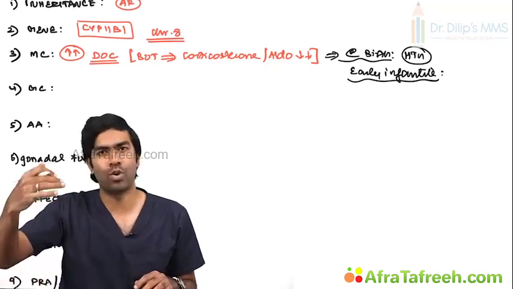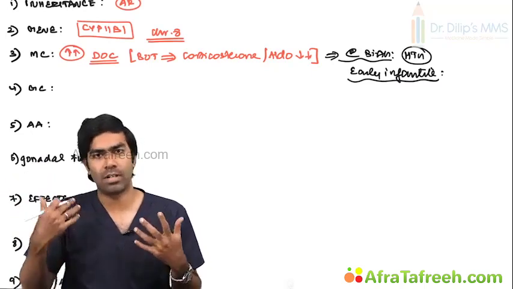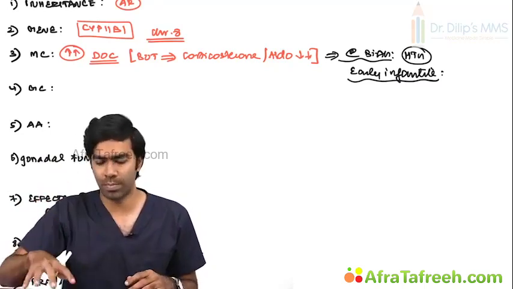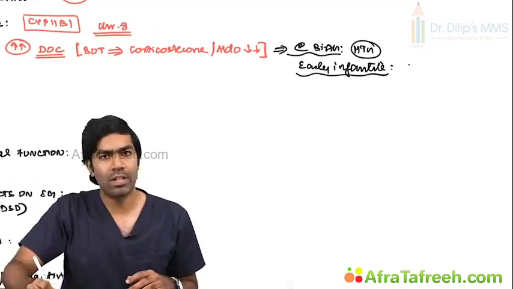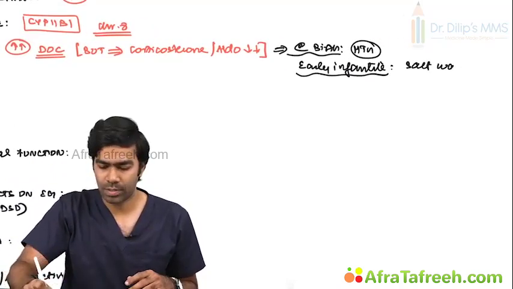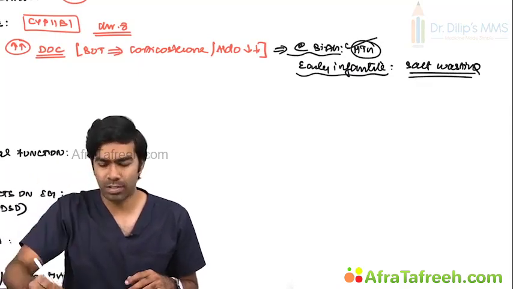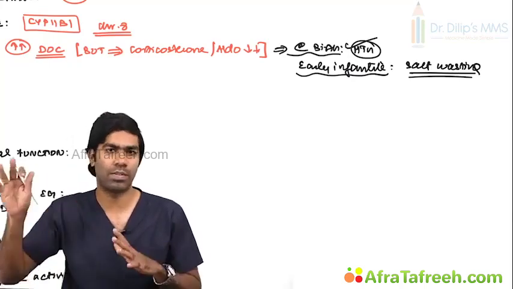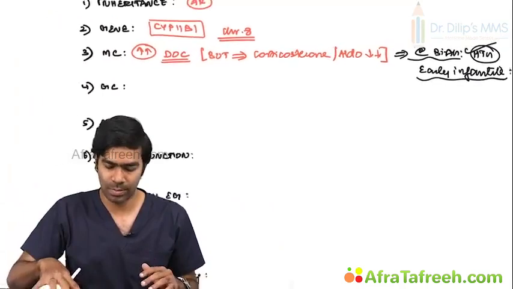So as the infant grows over time, this deoxycorticosterone alone will not be enough and they will be going for salt wasting in the early infantile period. But at the time of birth, many of these children, in fact all of these children, will be having hypertension because of the elevated deoxycorticosterone levels.